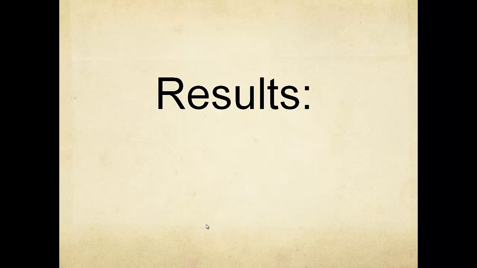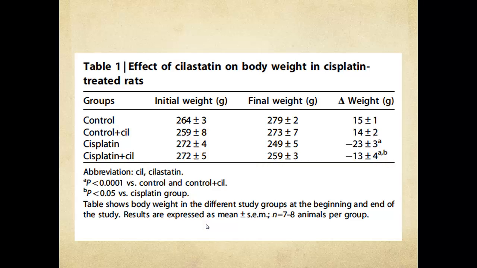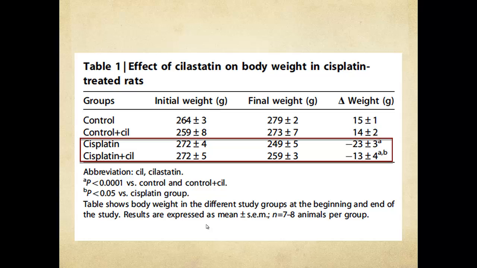So let's talk about the results. In table 1, I'm showing the effect of cilastatin on body weight in cisplatin-treated rats. What do they mean by that? They are basically trying to say what the urine output was like, because the change in weight in the rat was basically due to the urine output.